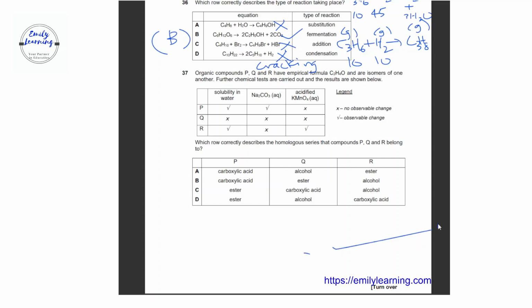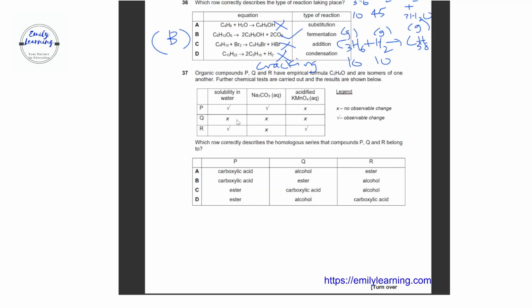Once you have COOH, you have 2 oxygen, right? Esters, you have COO something. You also have 2 oxygen, so they need 2 O. But then we know that this is the empirical formula, C2H4O. So if it is an ester or a carboxylic acid, it should be C4H8O2, something like that.